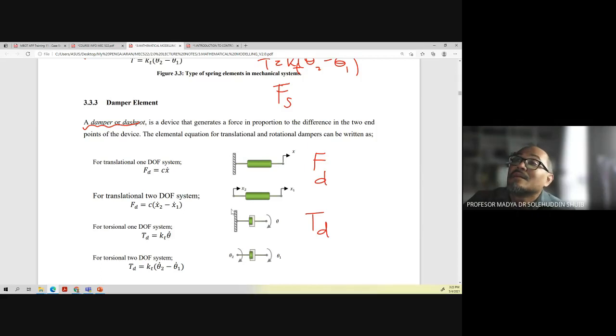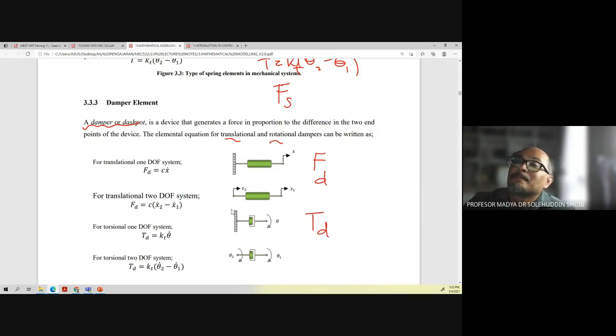So every notation, the subscript, it carries different meaning. So the elemental equation for translation and rotation. So in this case, we have translation, we have rotation. So same concept lah, like what we did just now.